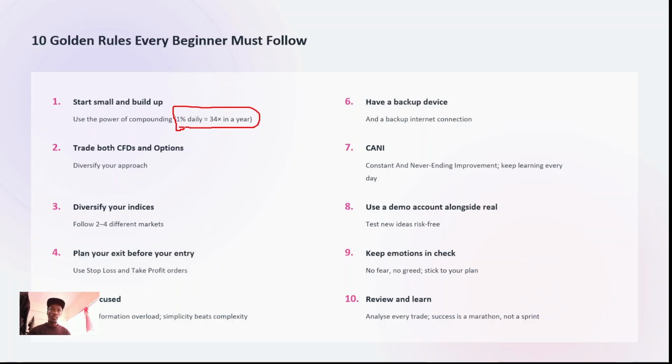So number 2, you can trade both CFDs and options trading, which is called diversifying your approach. What do I mean by this? In options trading you have what we call a fixed time frame, or expiry dates. Let's say in the CFD you have seen an entry on the Step 200 index, and you're in a buy.